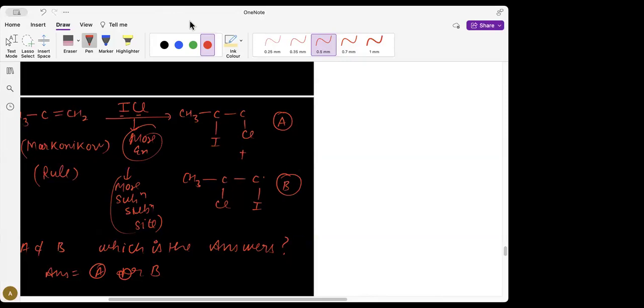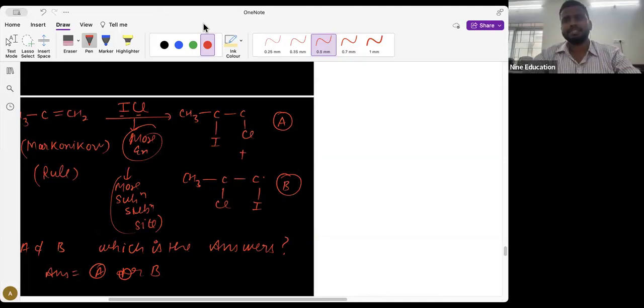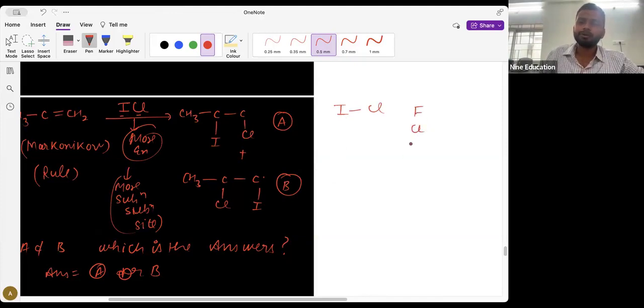अब हटो वीडियो चलाए. चला दे. So see beta. Out of A and B, we will check our answer, which is our correct answer. See beta, if we have iodine and chloride, we all have remembered from chlorine, bromine, iodine, down the group as size increases, electronegativity will decrease. So out of chlorine and iodine, which will have more electronegativity.